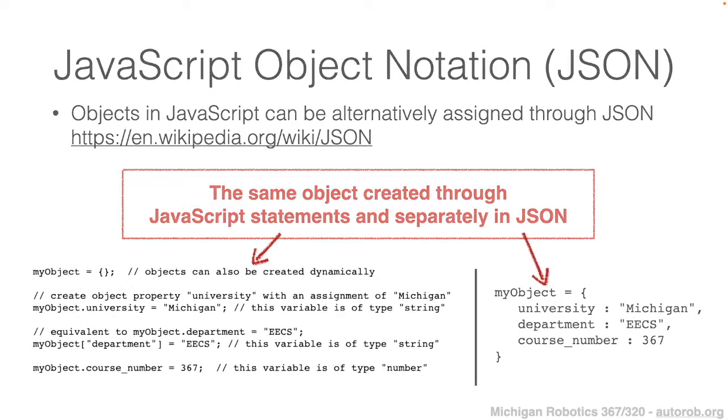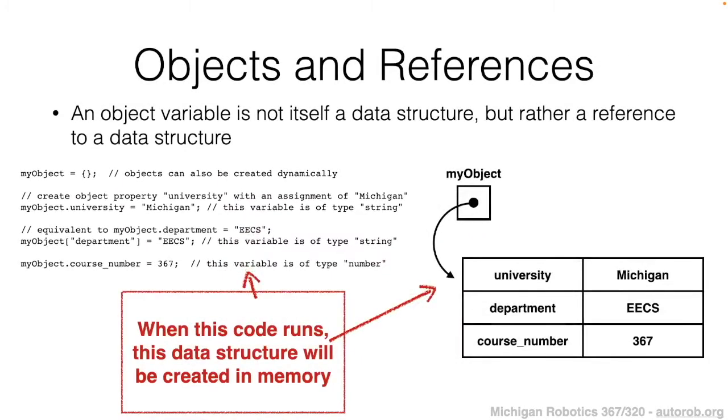And so with that, the other crucial detail to understanding data structures within JavaScript is that the variables themselves you can think of as references. So when this example that we had here runs within the code, what's really happening behind the scenes is that a data structure is allocated within memory.